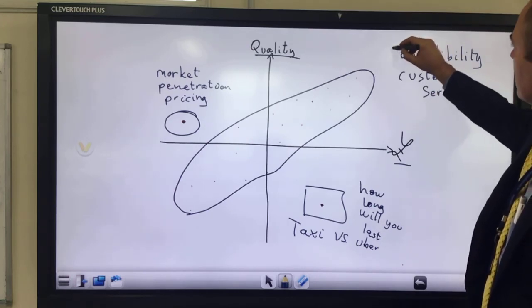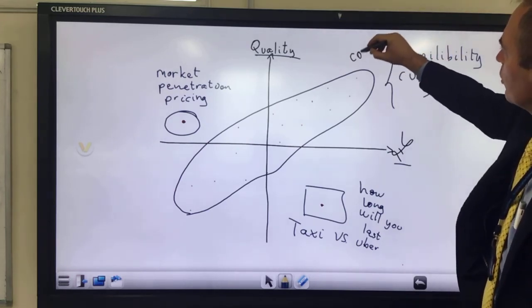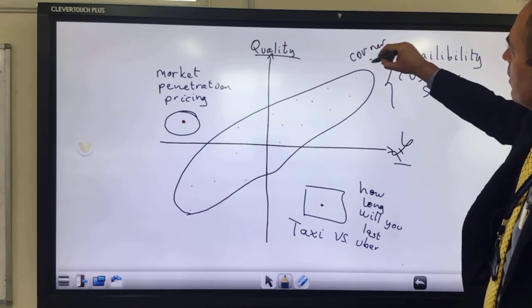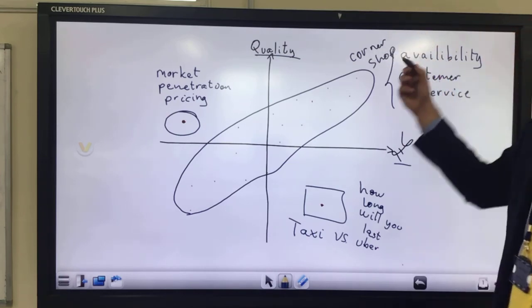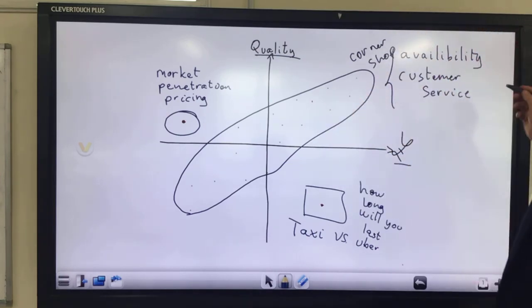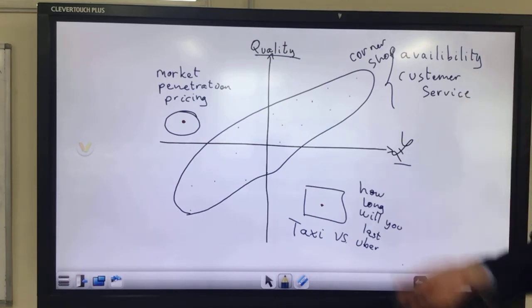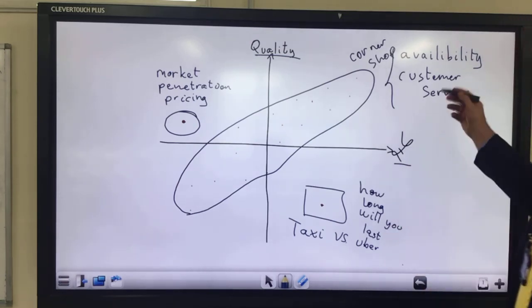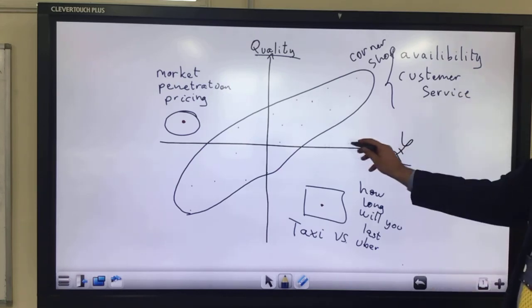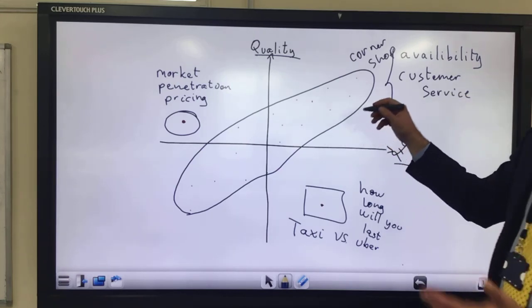Typically, these two could be your corner shop. It's right down the corner, so it is available, and fantastic customer service. They probably know your name, they welcome you, and you know you're paying more for the same product, but it's just more convenient.